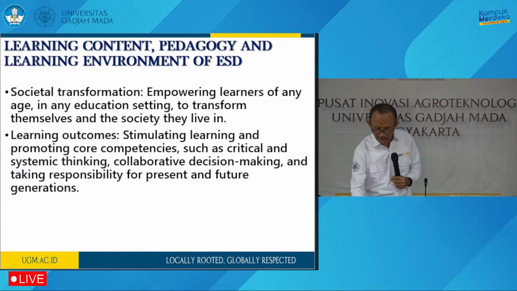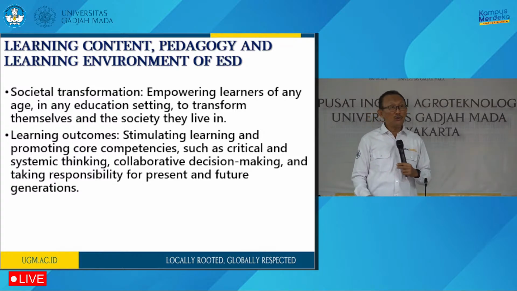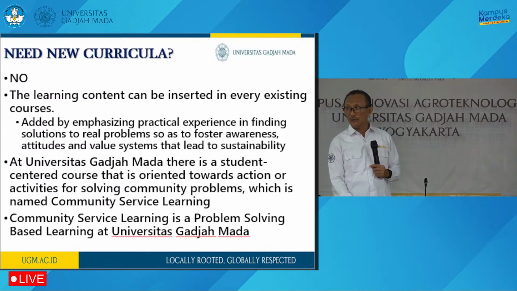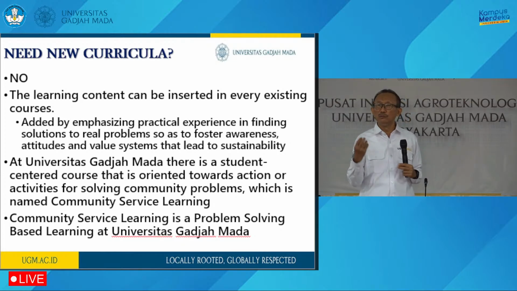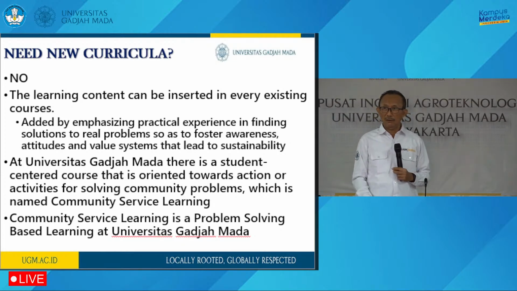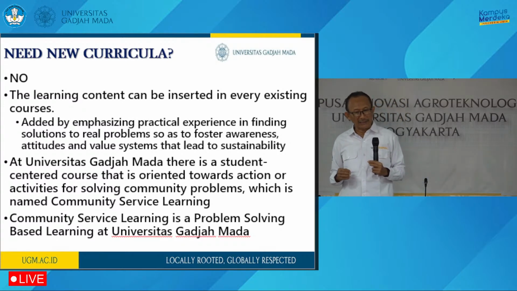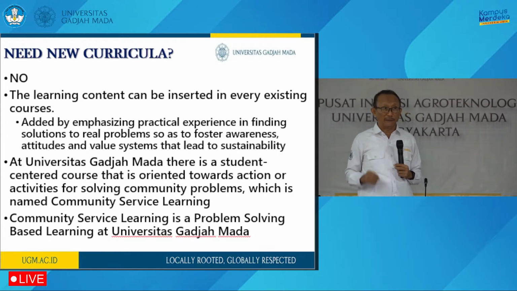How to achieve this? New curricula? No. No need for new curricula. No need for a new subject in education. But the learning content can be inserted into the courses that we have now.